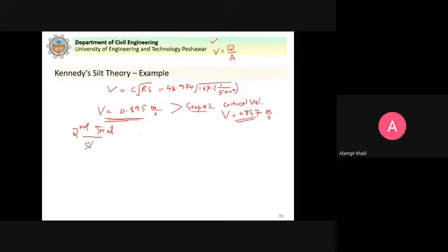So now we go for step number 1. I will very quickly go through it now. So in step number 1, we now assume the D value, now the D value is equal to 2.3 meter.